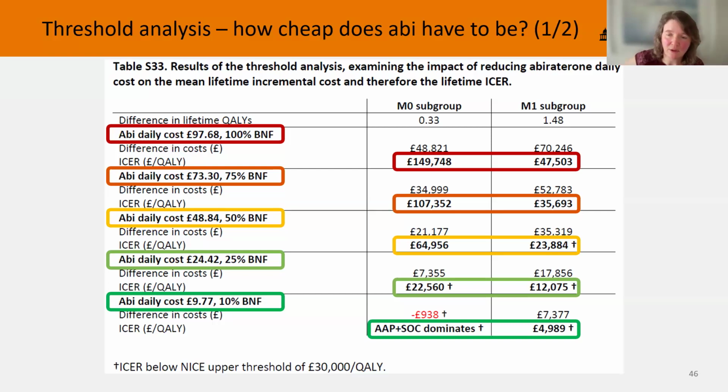In both the patient subgroups, obviously, as the drug price goes down, it gets more cost effective, because a big part of the cost of the whole thing is the drug costs. Yes. Have you got questions? Okay, good. So this was just a threshold analysis, sticking in different numbers to see what the result was.